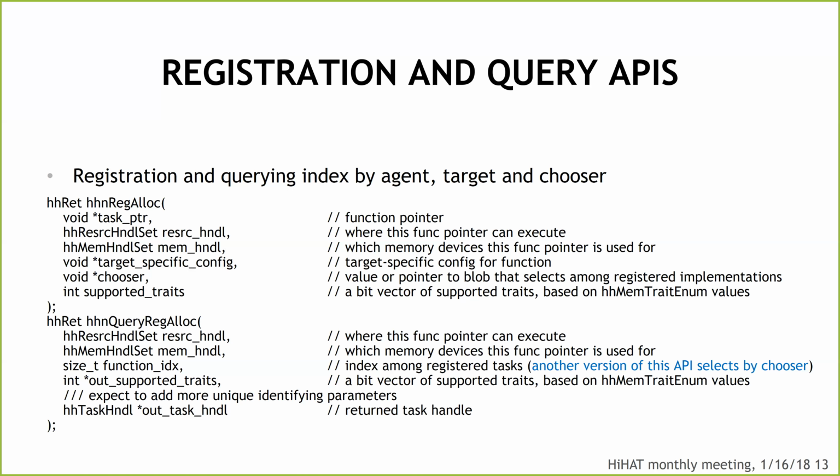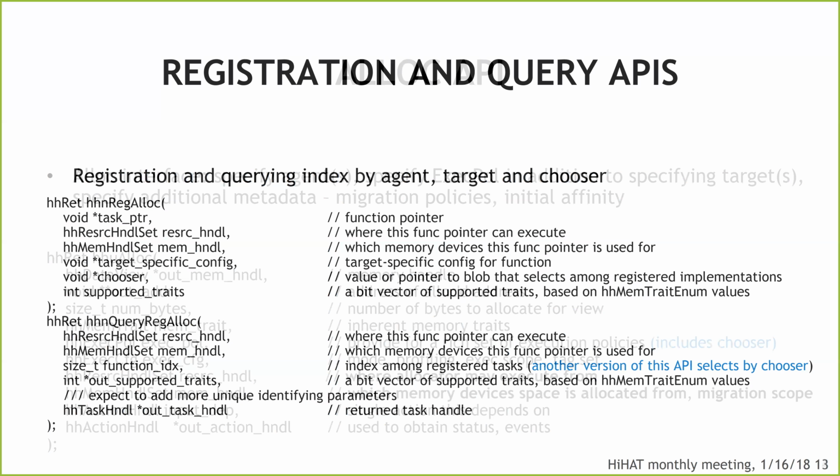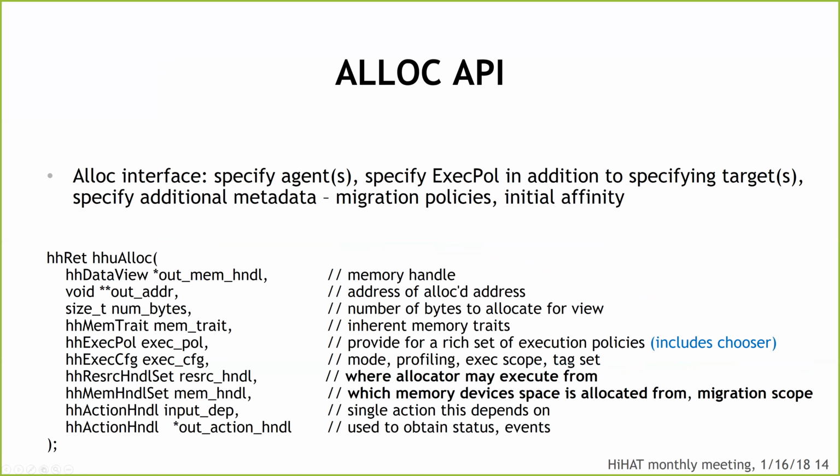All right, we just talked about registering and querying what's been registered. Then when I go to do the allocation, I'm saying, please allocate me some memory. As a client, I want to get back a handle to this data view. You pick the address; in this form I'm not registering an address, but you picked it, so tell me what the address is.